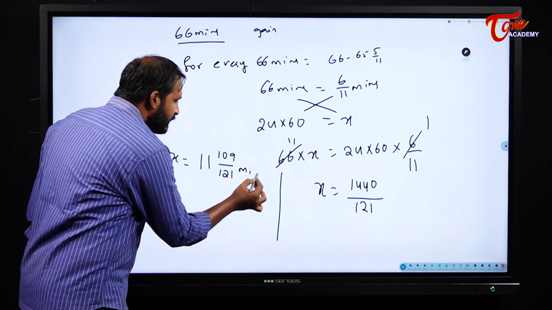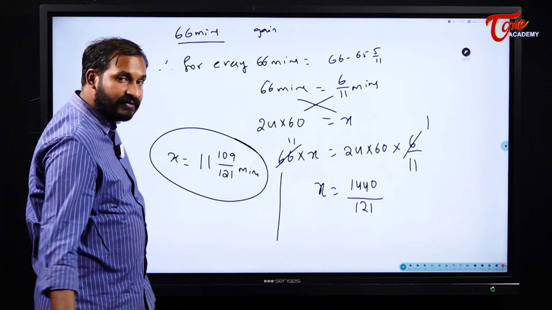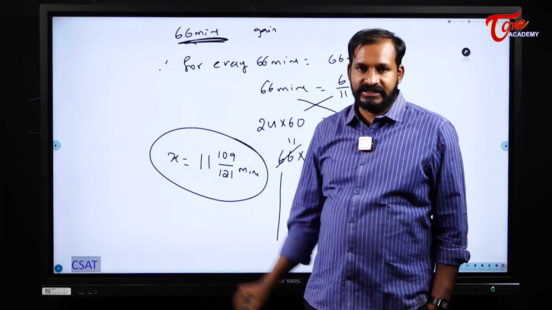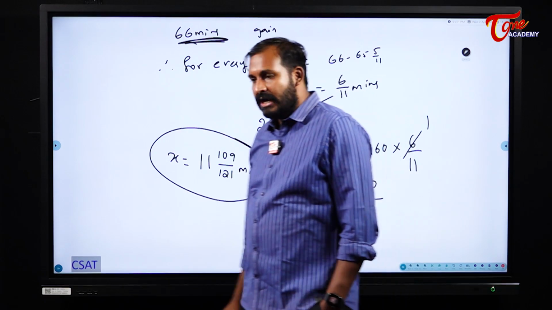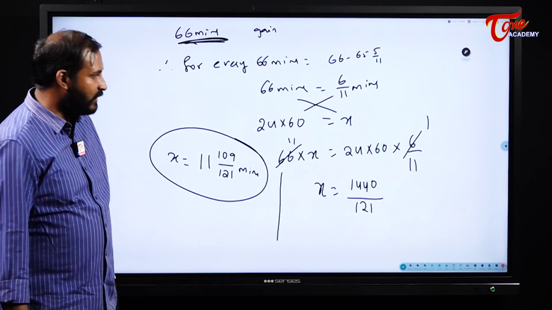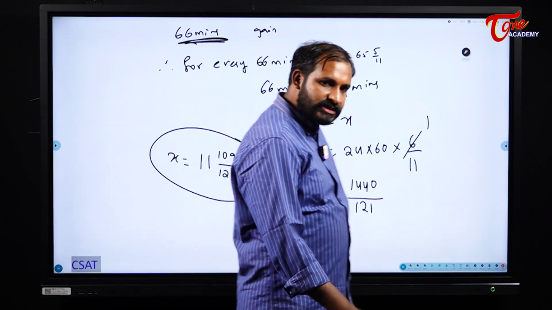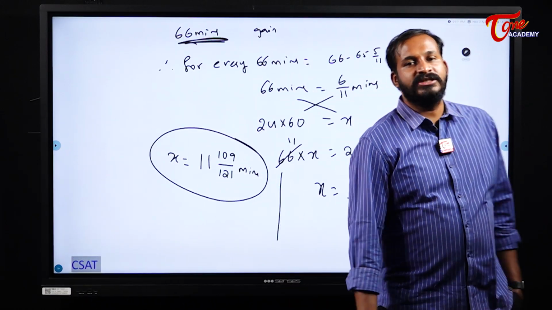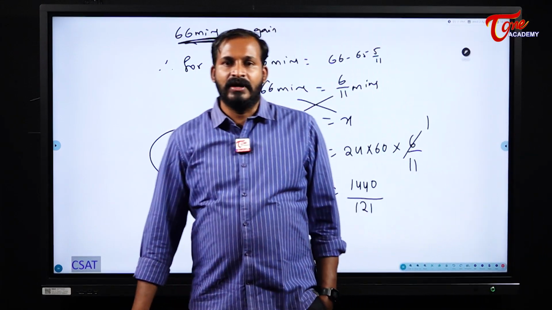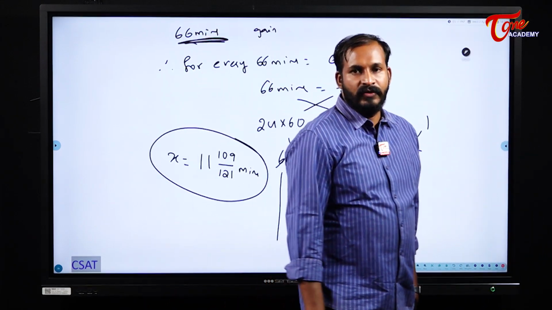That means in a day it will gain this much time if the two hands coincide every 66 minutes. Then our answer will become 11 109/121 minutes. From this concept only we will have the fast moving and slow moving clocks, students.